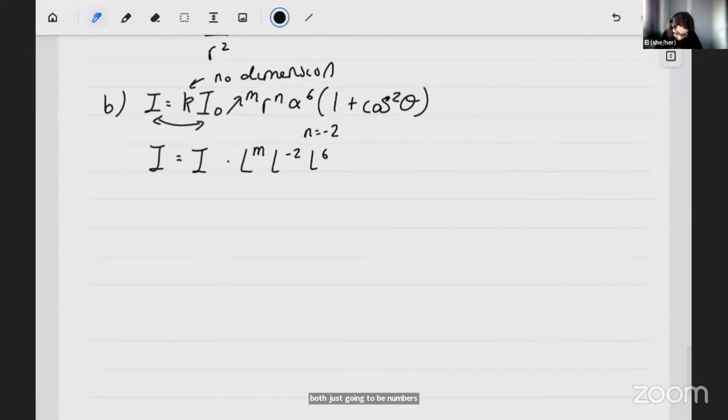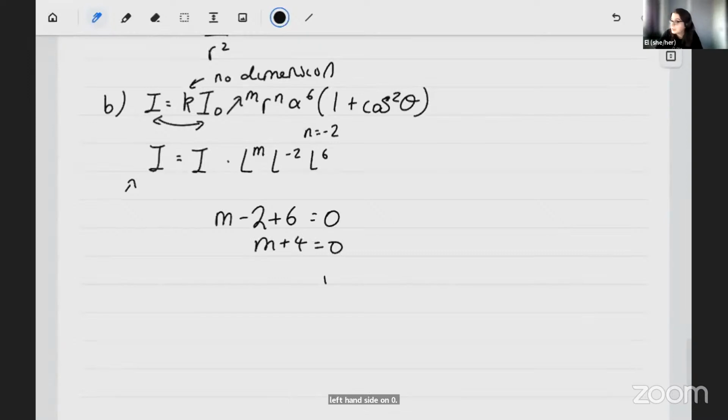So from there, we can say any units from I are going to cancel with the other units from I. So we're just left with m -2 plus 6. The units of length are going to cancel with the units of length on the other side, and the units of length on the left-hand side are 0. So then we can say that m plus 4 equals 0, so m must equal -4.